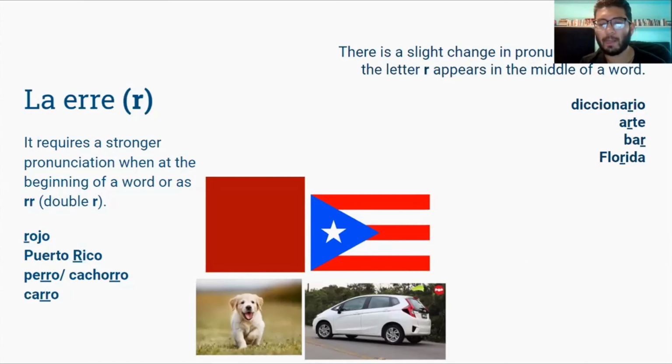So I hope the difference in sound in the R is apparent and clear. And we will see more examples of the letter R in different words as we continue the lesson.